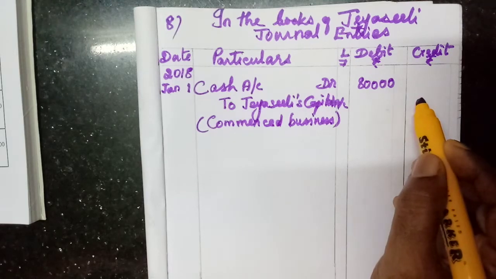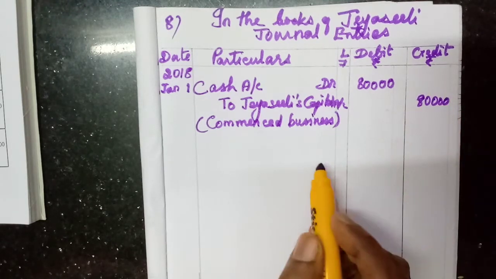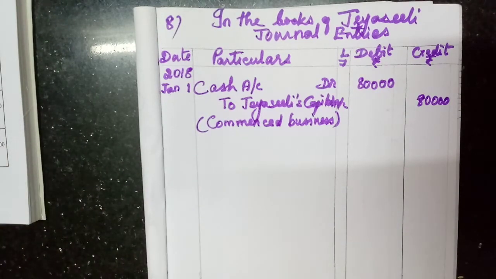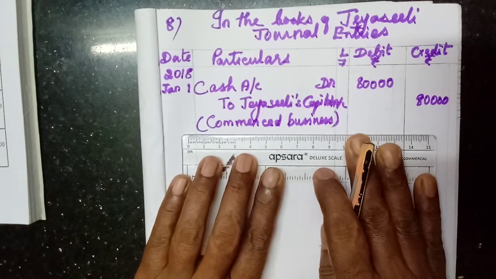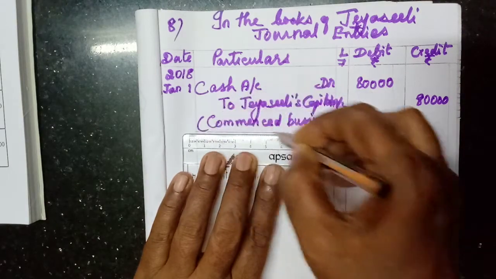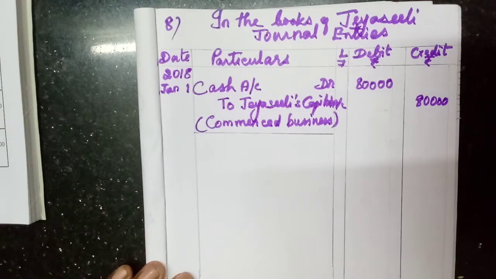The same way, leave little space and write 80,000. Then you draw one line or you leave one line. Leave one line here. Otherwise, in that line, you draw a line. That's all, with your pencil.